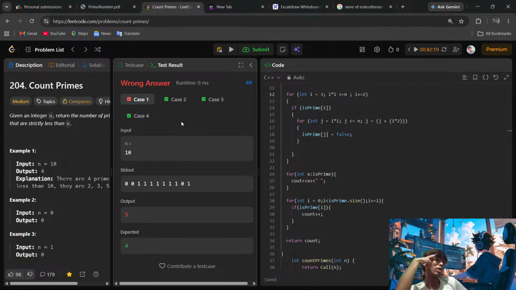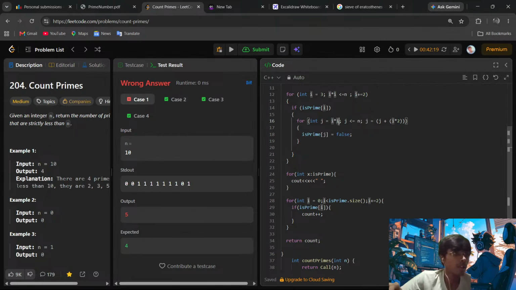So if I want to jump to the next odd number, what I know is I have to add, if I get odd, or every time I got odd only, I have to add 2 into I. We'll have to do this.